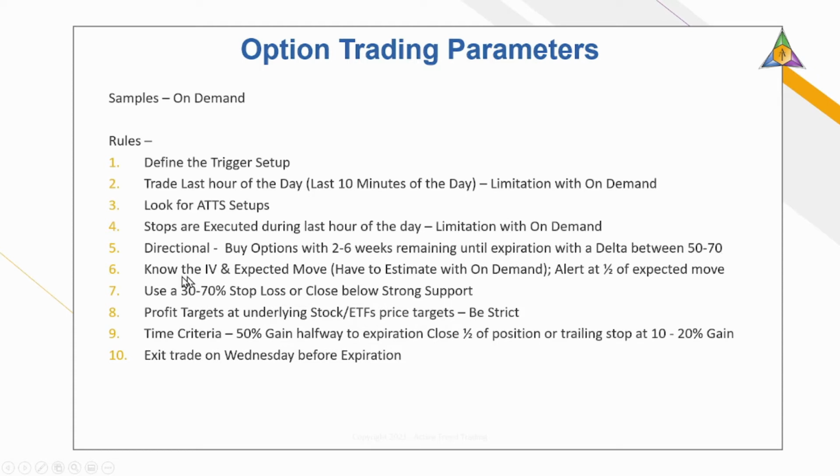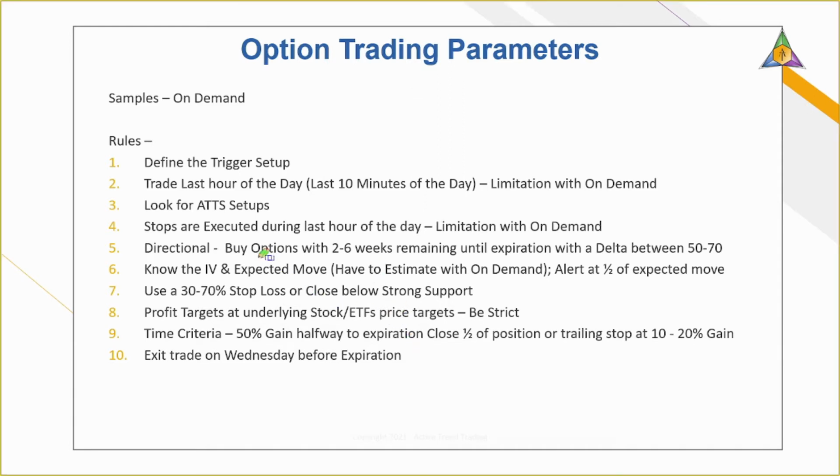Delta 50 to 70. I want to know my implied volatility and my expected move. Now, the on-demand system doesn't give me those numbers, so I have to estimate them. I'll show you how to estimate what those expected moves are, and then the implied volatility.